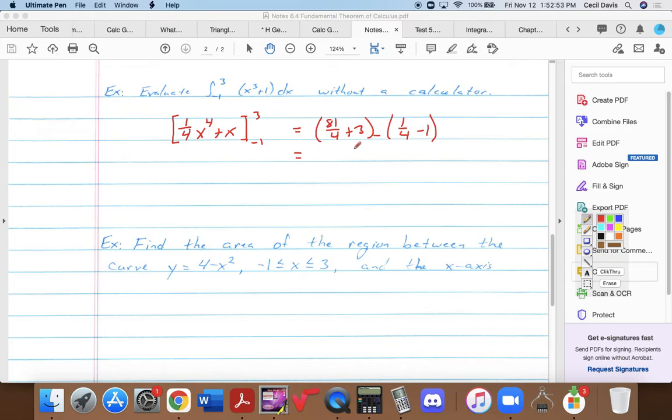Well, of course it does. 81/4 minus 1/4 is 80/4, which is 20, plus 3 is 23, plus 1 is 24. One of the nice things about these problems is you can check your answer with a calculator because you can do the definite integral on the calculator.